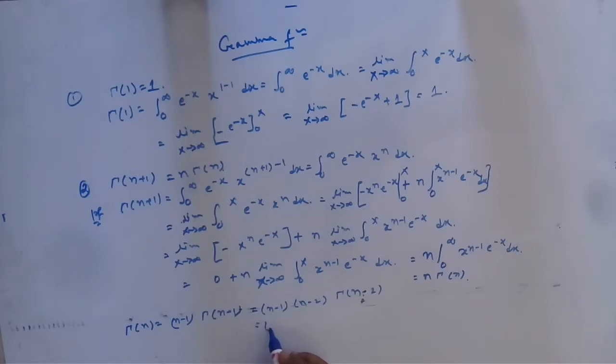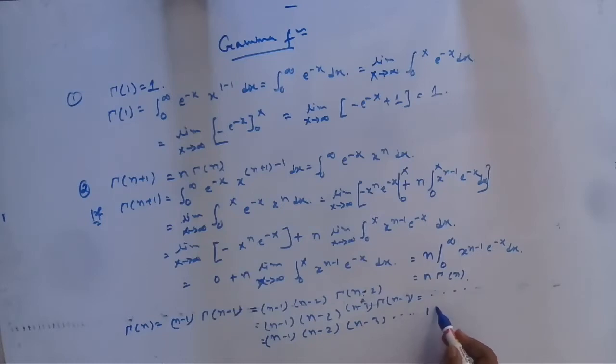This will be equal to n minus 1 into n minus 2 into n minus 3 into gamma n minus 3, and continuing in this way we'll get n minus 1, n minus 2, n minus 3, up to 1, gamma 1. And since gamma 1 equals 1, as we proved in the previous result, it will be n factorial. So gamma n plus 1 is also n factorial.